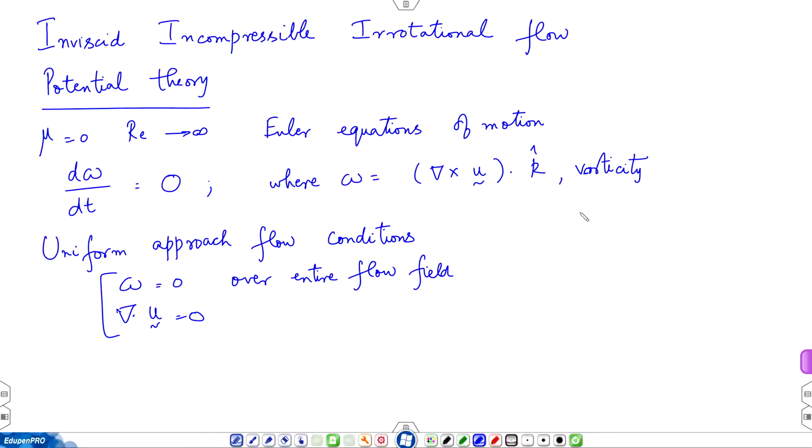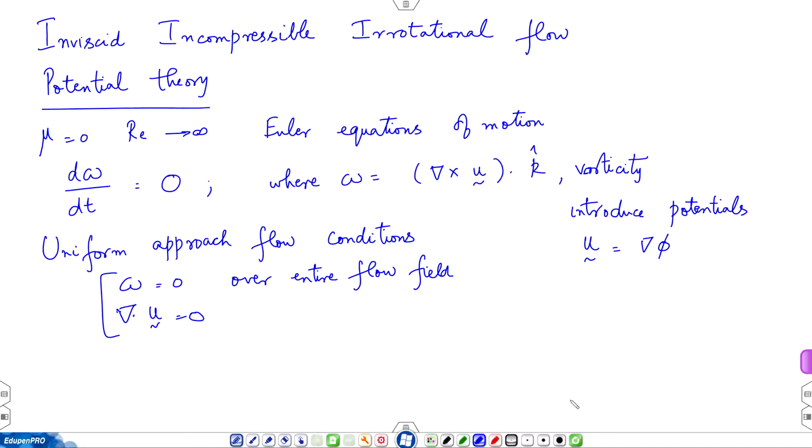Then we use the method of potentials: u equal to gradient of phi, where phi is a scalar potential.